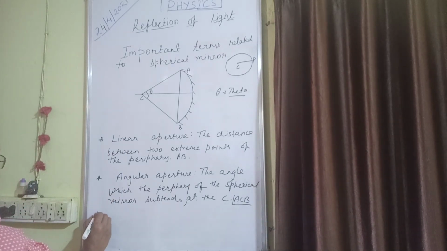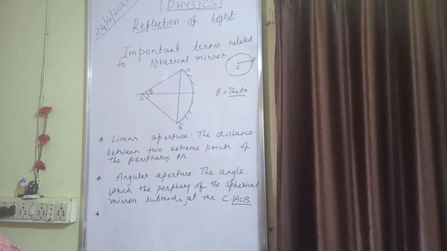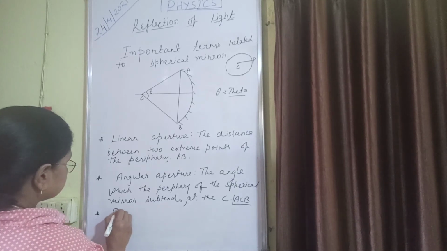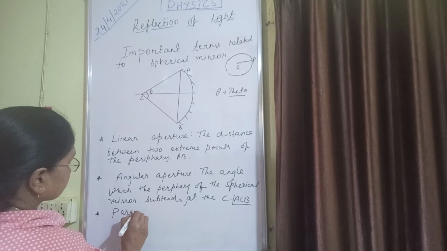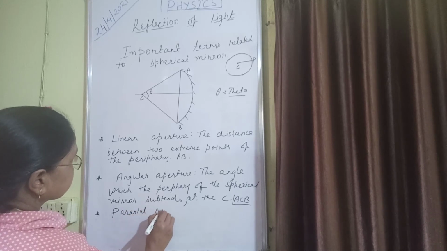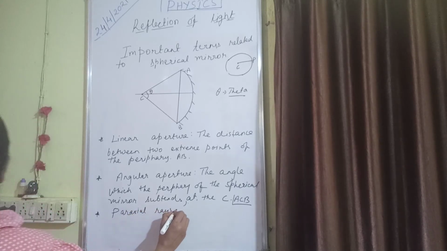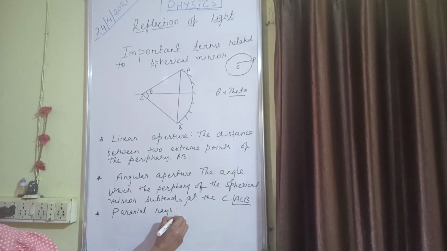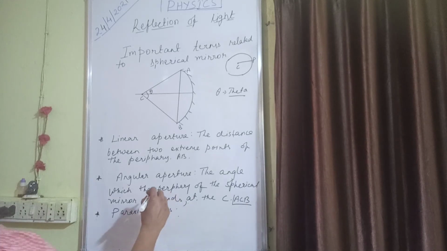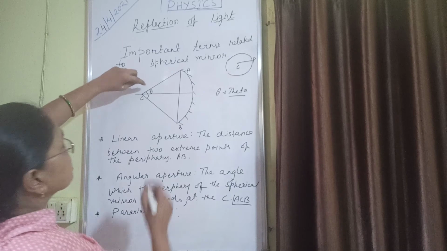And next we are going to do paraxial rays. Paraxial rays, it's very simple. Students, paraxial rays are the rays parallel and close to the principal axis.